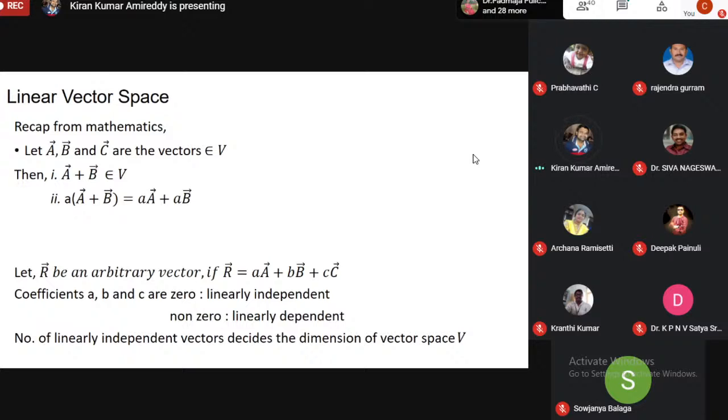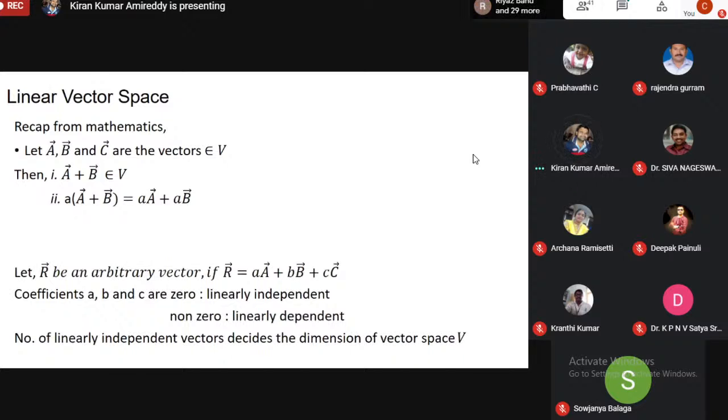Okay. In the last lecture, yesterday, I first gave the introduction of the linear vector space. This is just a recap from our school mathematics, so we know how to solve the vectors. From that, I tried to define the quantum state.